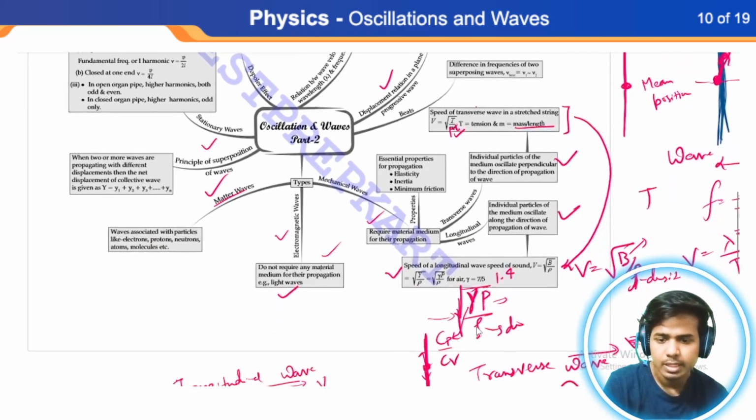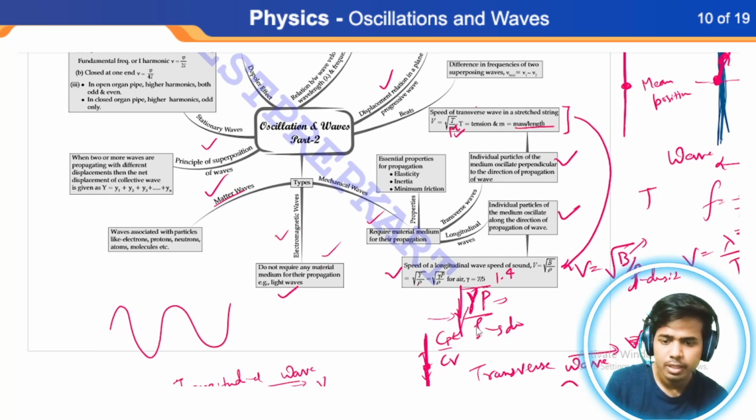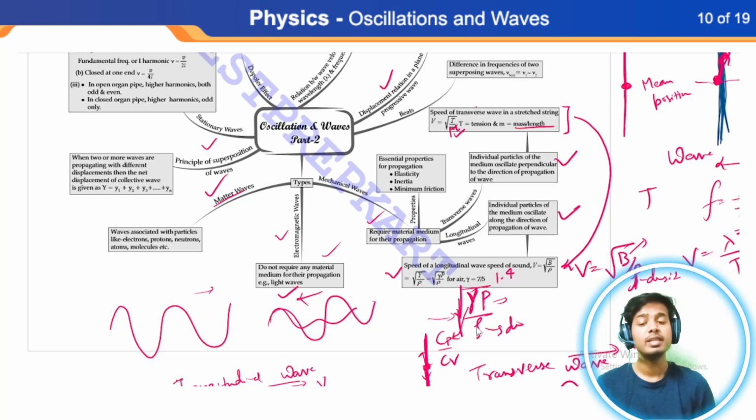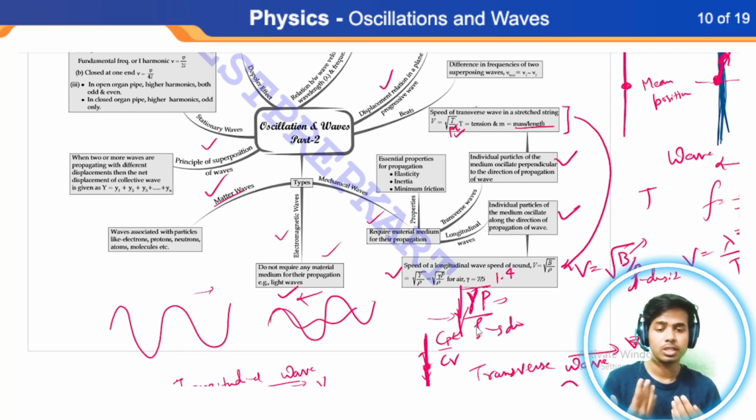So basically, it talks about this. Let's say this is a wave traveling in this direction, and this is another wave, sorry, in this direction. What will happen when they interact with each other? Means two persons are speaking, and when their voices interact with each other, what will happen?